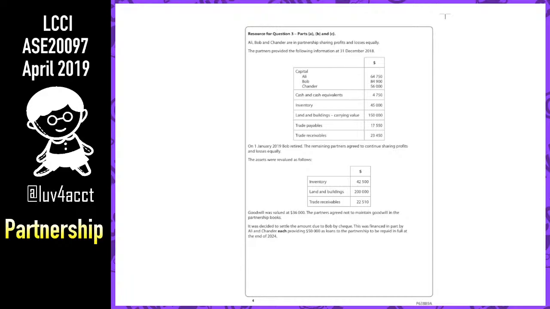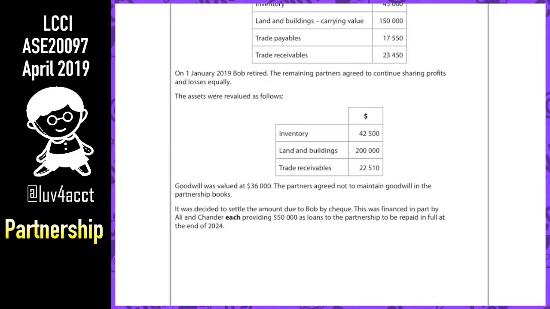Assets are revalued as follows. Goodwill valued at 36,000, not to be maintained in the partnership books. It was decided to settle the amount due to Bob by check. This was financed in part by Ali and Chandler, each providing 50,000 as loans to the partnership, to be repaid in full at the end of year 2024.